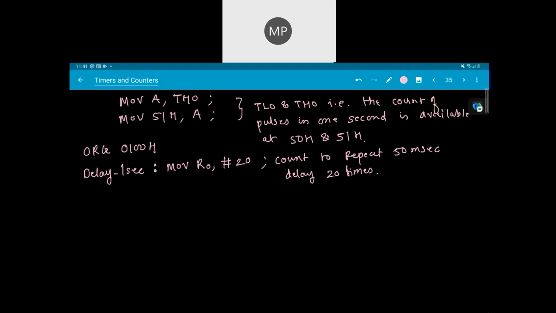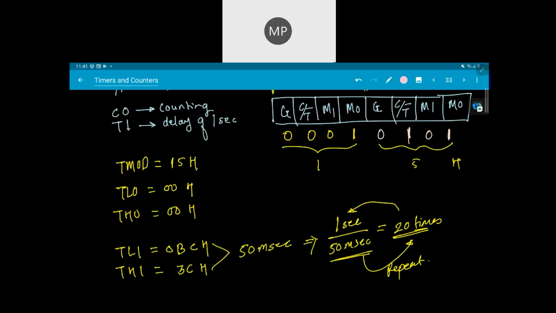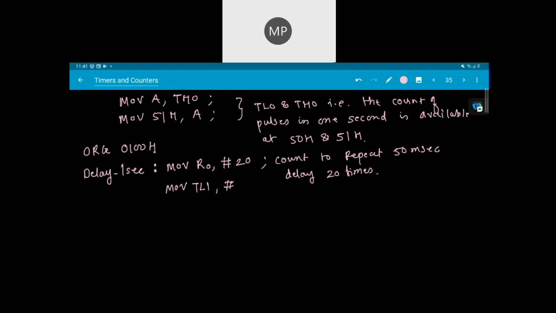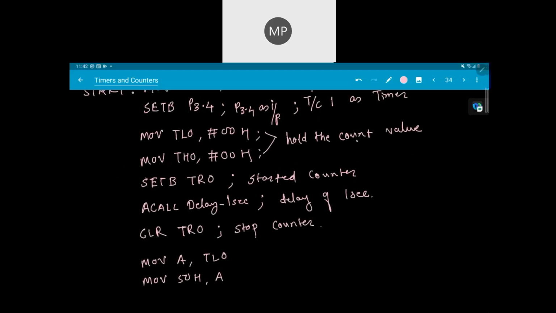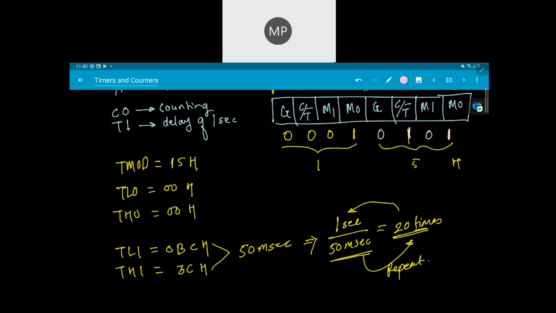So for that we need to load the values into TL1 and TH1. So MOV TL1, #. What was the value of TL1? TL1 was 0BCH, and then MOV TH1, #. I guess 3CH is the value, 3CH, right?